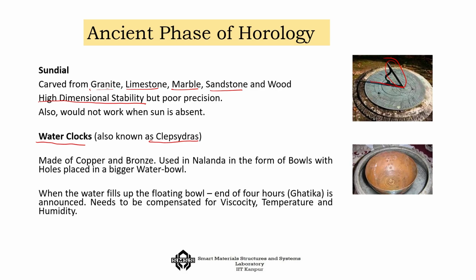So, in the water clock, you have a unit like this, which has a small orifice in it, and then you place it in water, like you can see here. Gradually the water is going to fill up, and once it fills the whole system, it is going to submerge, it is going to drown.